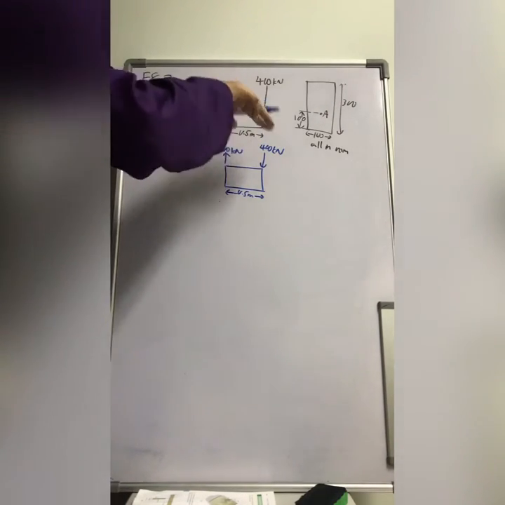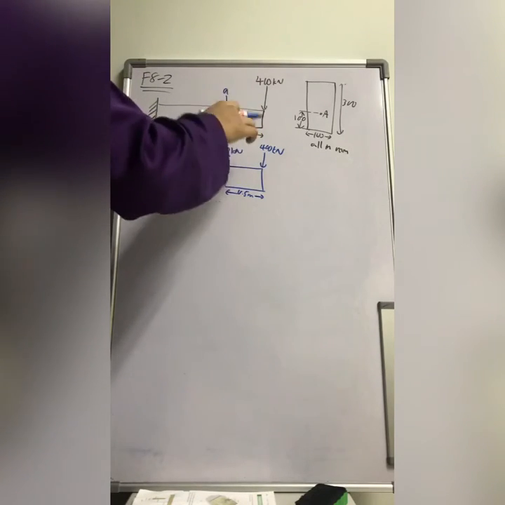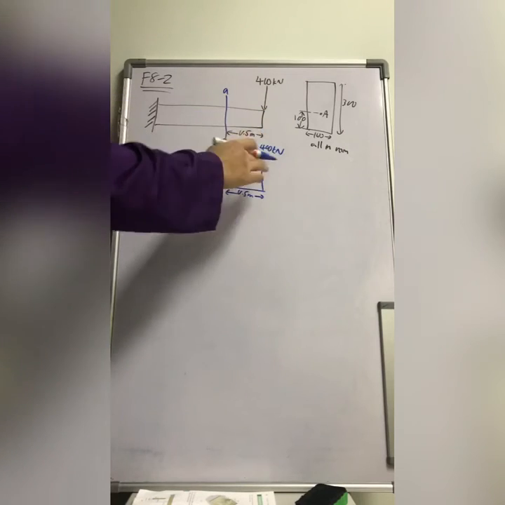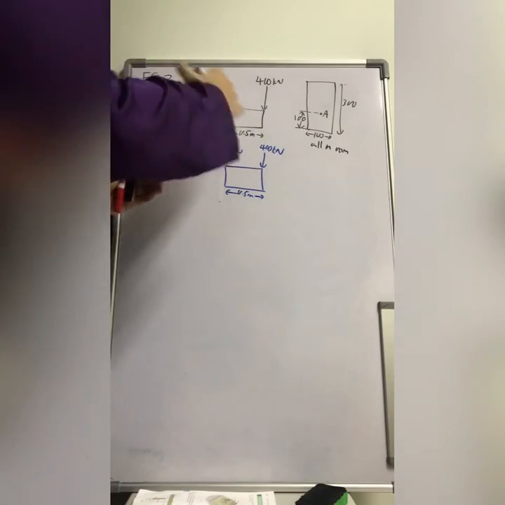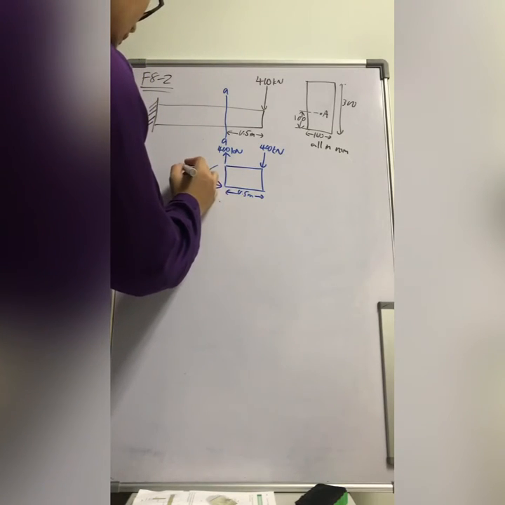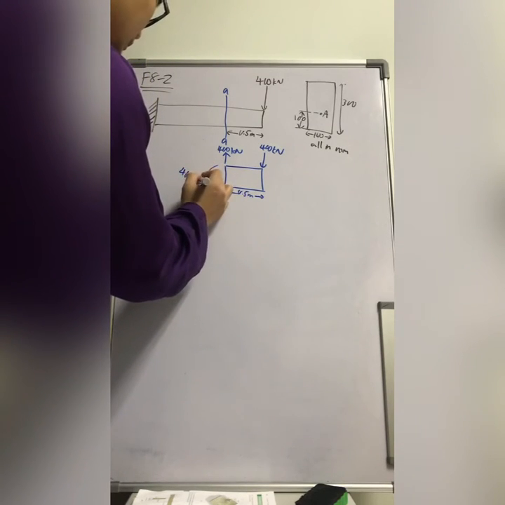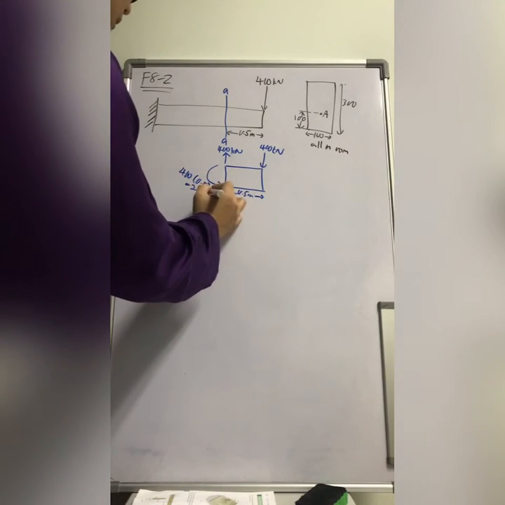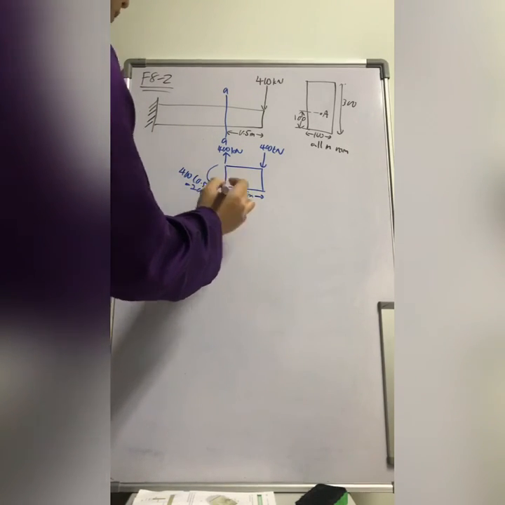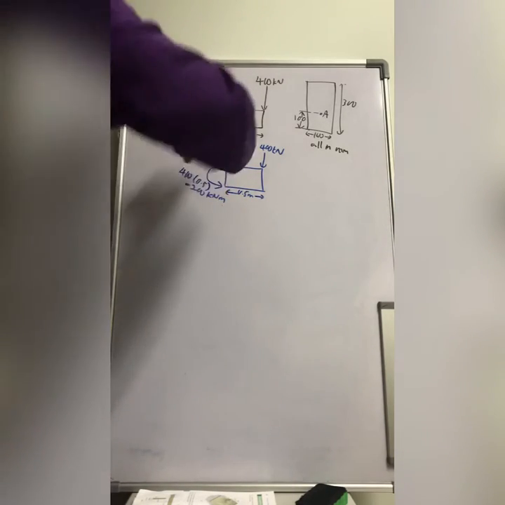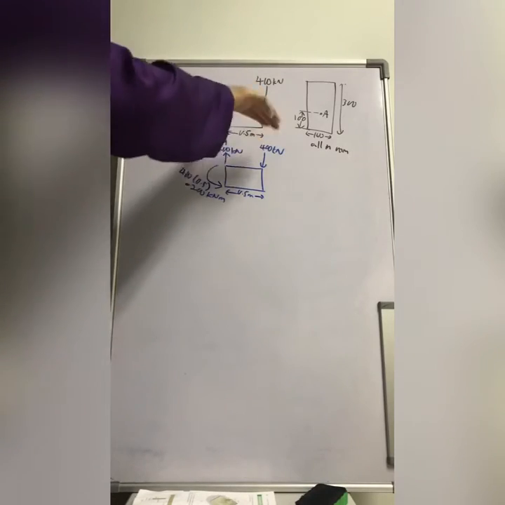And then another one is the moment, which counters 400 kilonewton times 0.5, which is 200 kilonewton meter. This is the moment countering the 400 kilonewton times 0.5.